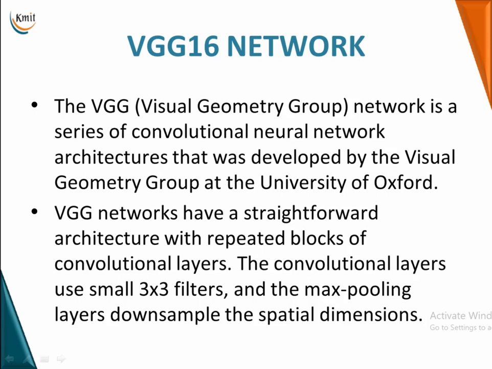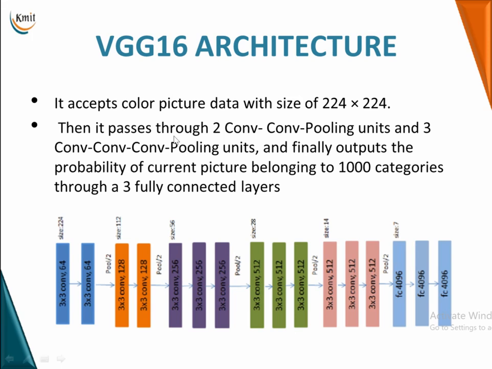All they do is use repeated blocks of convolutional layers with small filters. Here they have chosen 3 by 3 as the filter size for VGG16, and there is max pooling in order to downsample the spatial dimensions. VGG16 can accept a color picture with 3 channels of RGB, and the image size it could handle was 224 by 224, not bad.